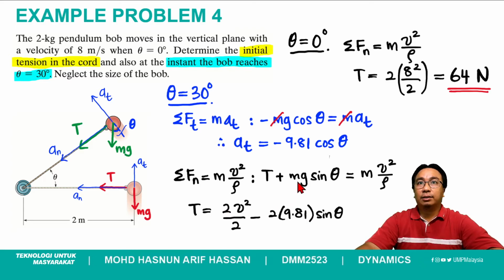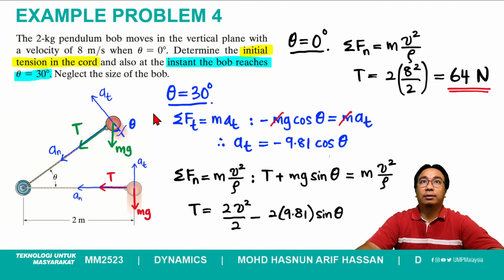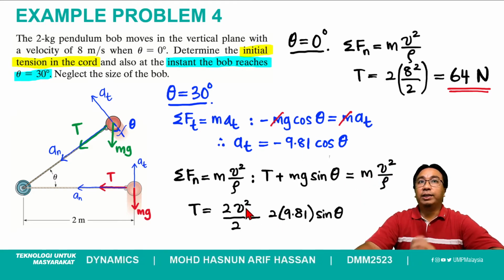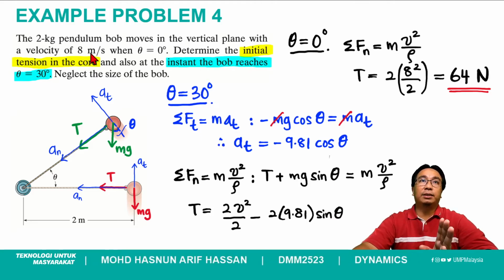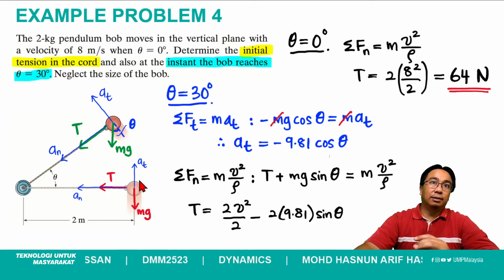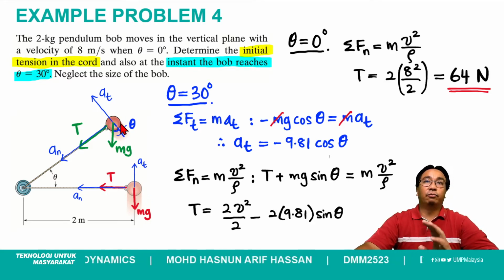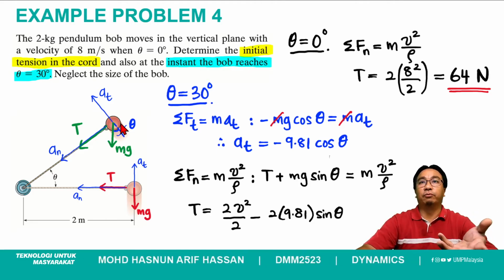And then we do some rearrangement. T is equal to, we bring mg sin theta to the right. So we have m v squared. m is 2 kg. V we don't know. V of 8 meters per second is given at the initial position. When it reaches this position, V has changed, but we don't know what V is.